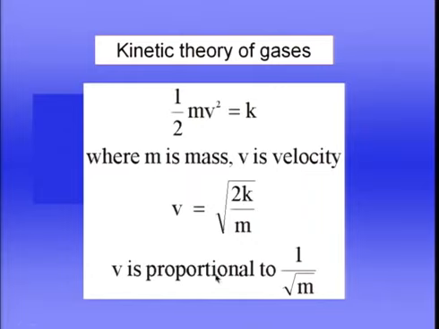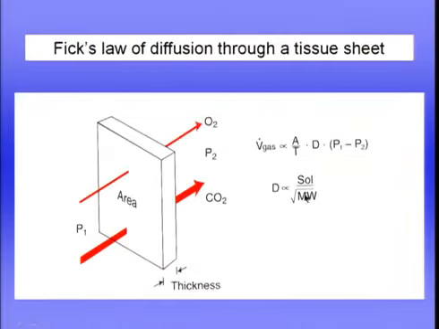And the kinetic energy is given by a half mv squared, and that's a constant. If you rearrange that, that means that the velocity is inversely proportional to the square root of the mass, as shown here. So that's the reason why in this equation we see the inverse of molecular weight.